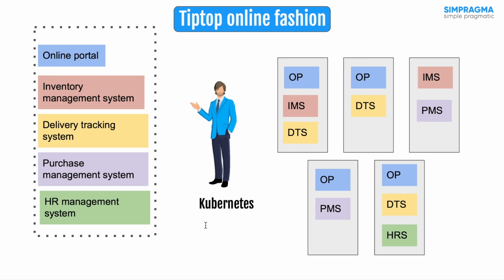One condition for Kubernetes to be able to manage these applications is that the applications need to be containerized. Containerization means packing of applications and its dependencies together. Each application will have a different set of dependencies because they will be built by different teams using different technologies.